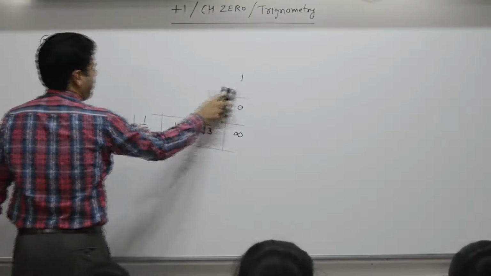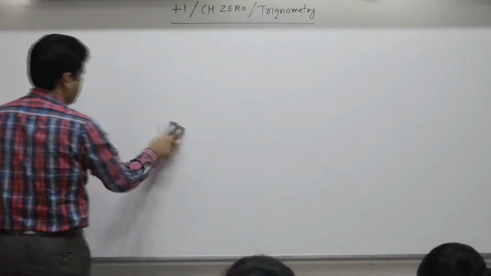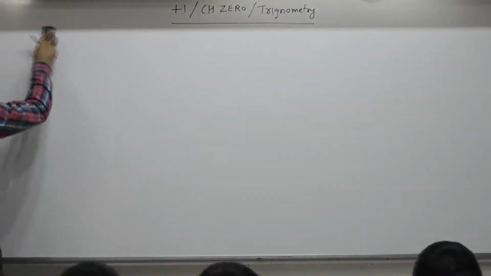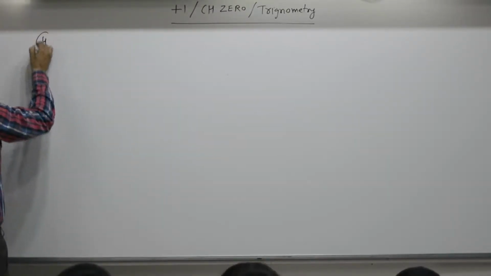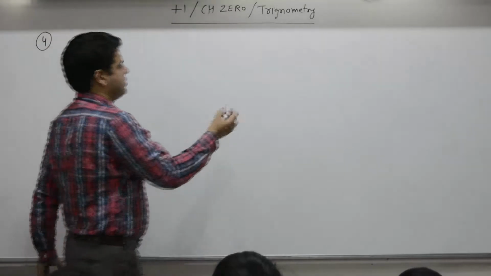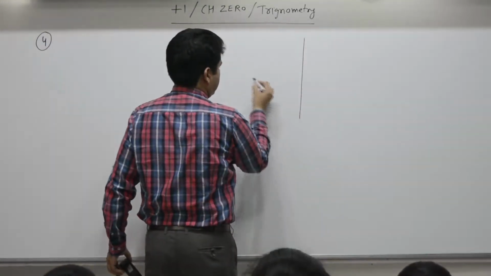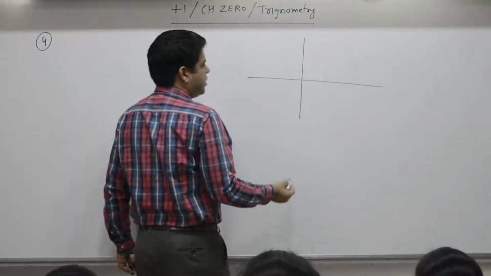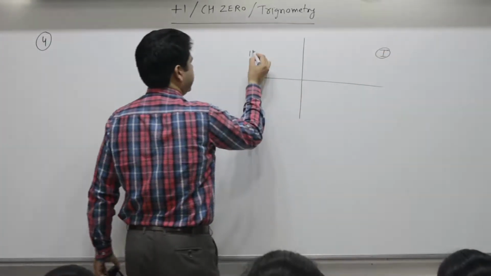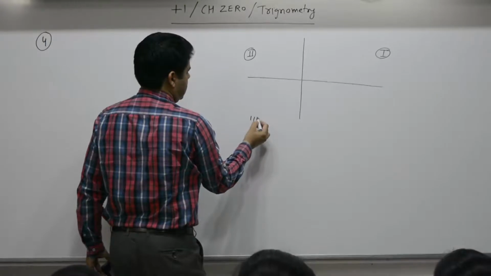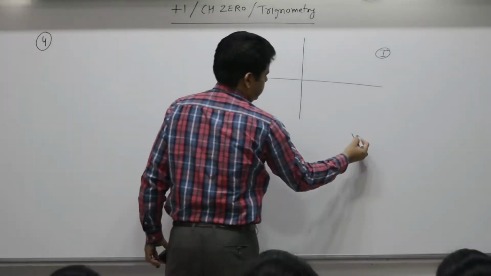Fourth point is sign convention in 4 quadrants. This is termed as first quadrant, second, third, fourth.